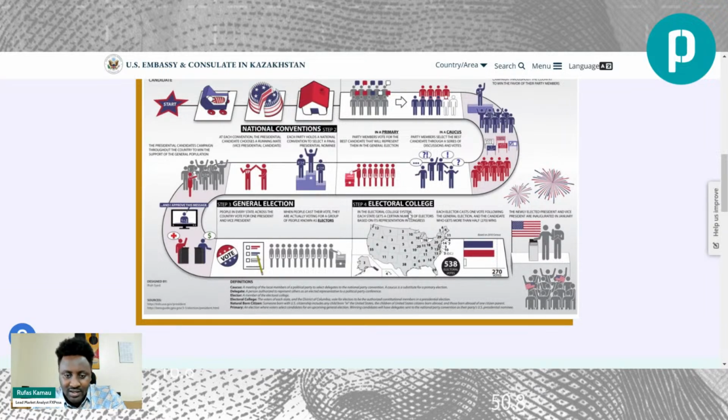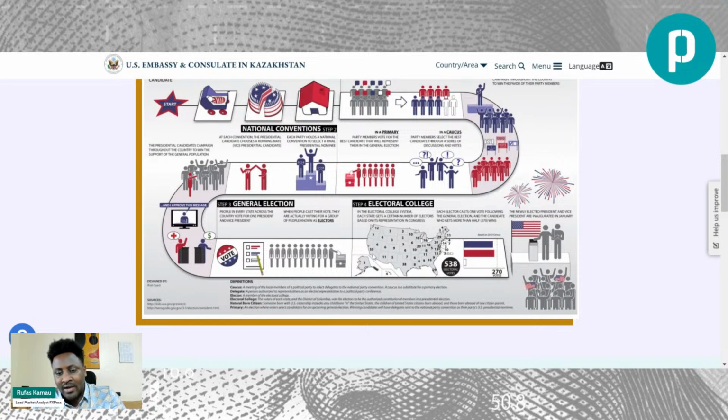In the electoral college system, each state gets a certain number of electors based on its representatives in Congress. Basically, states that have more people will have more electors, and states with smaller populations will have fewer electors.